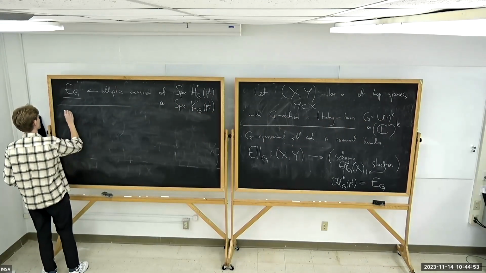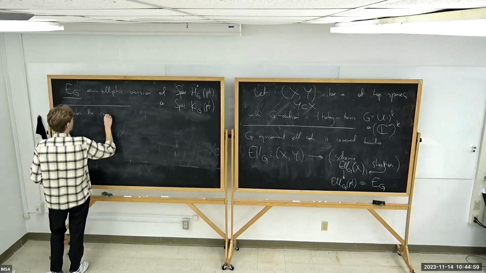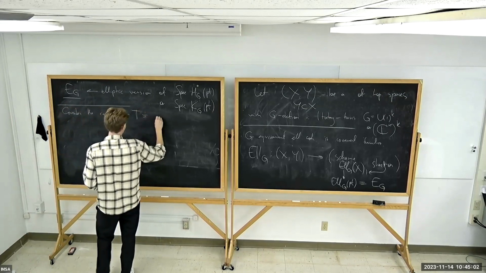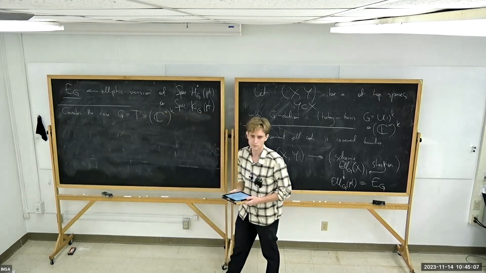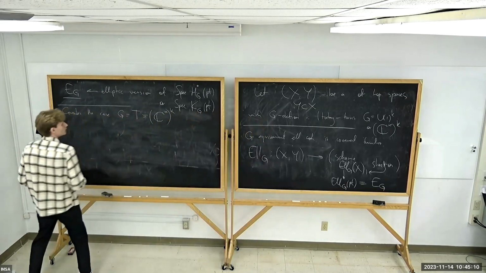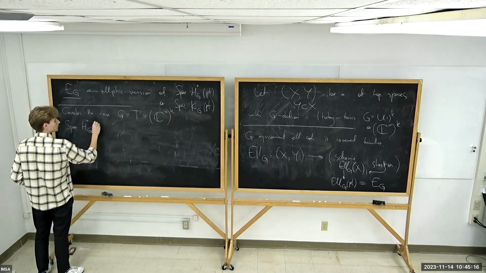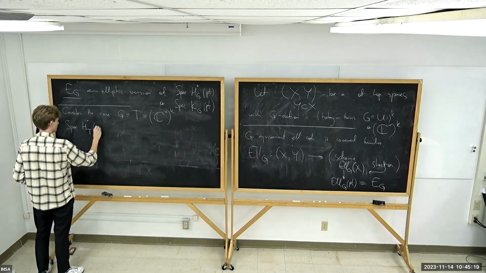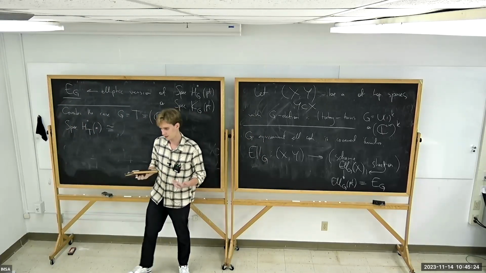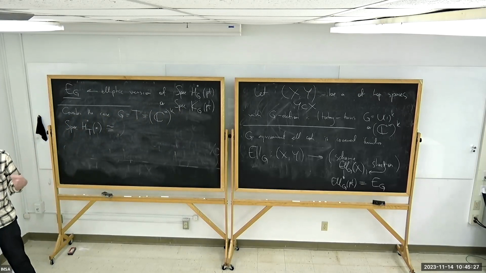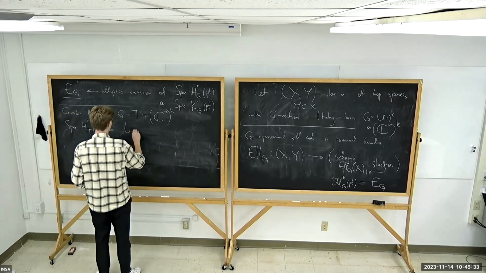So consider the case where G is C star to some power, a torus T. Then the spectrum of the equivariant cohomology of a point: what is the equivariant cohomology of a point? It is a free algebra over the equivariant variables of the torus T. So this is naturally identified with the Lie algebra.